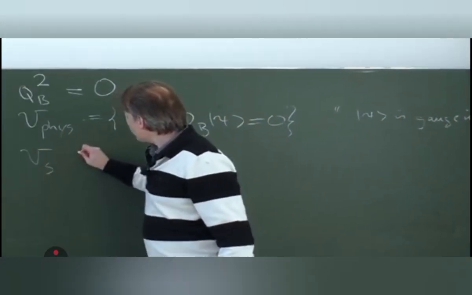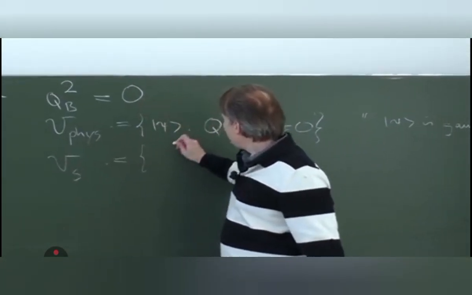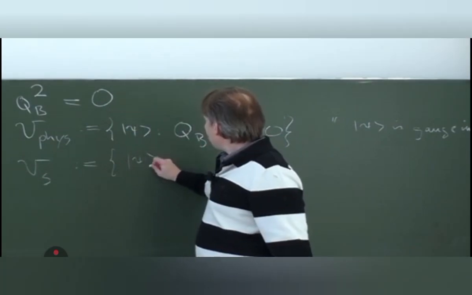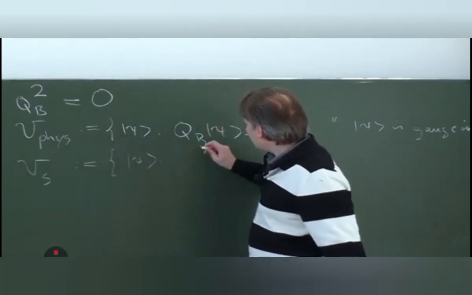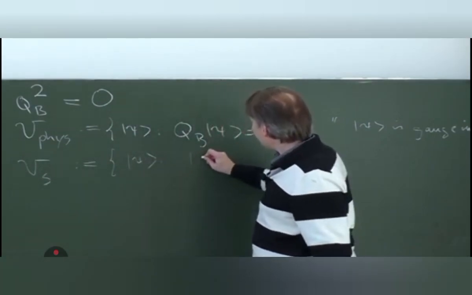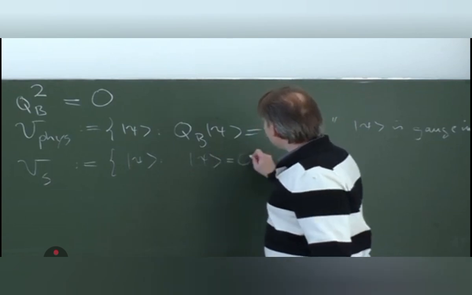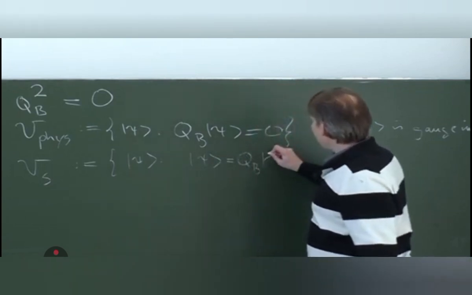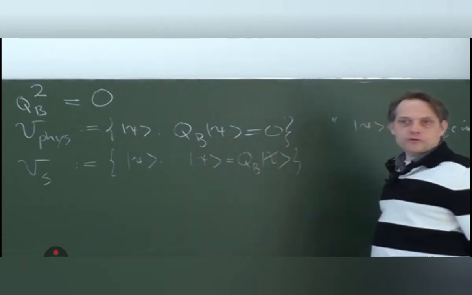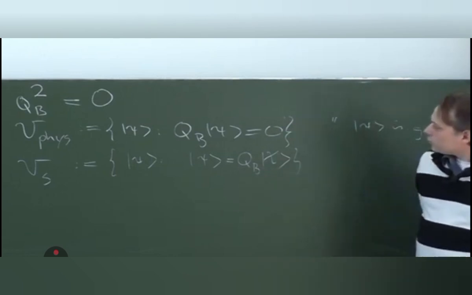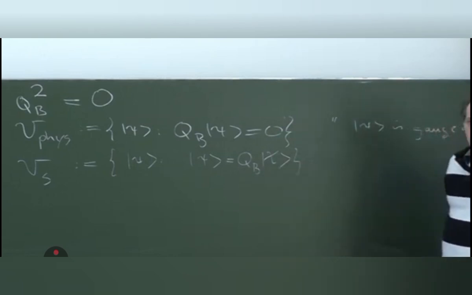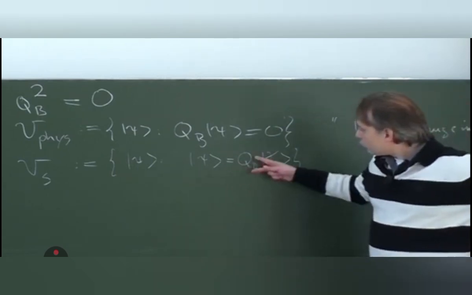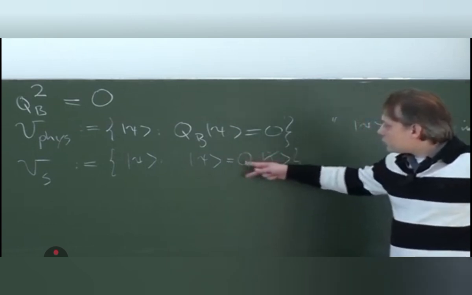And then you define that space Vs as the states which have the form that psi can be written as QB acting on some other state. So it's a total variation under this QB.